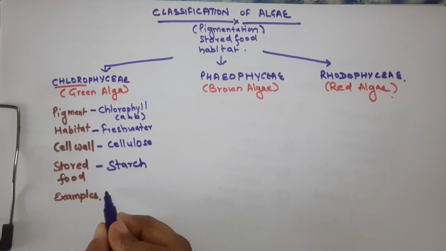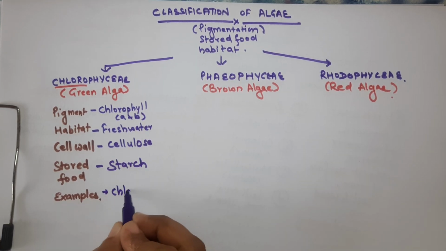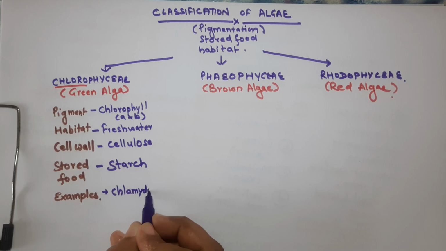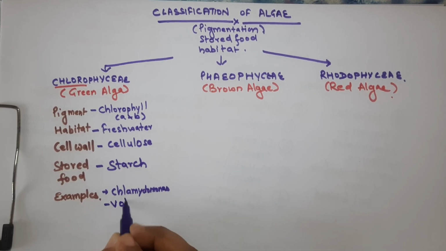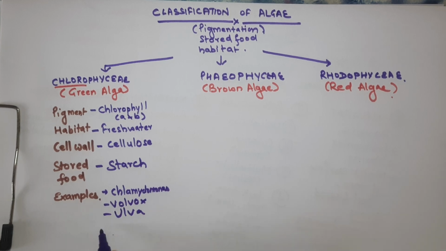Examples are Chlamydomonas, Volvox, Ulva, and Spirogyra. Okay, so all these algae are the green algae.